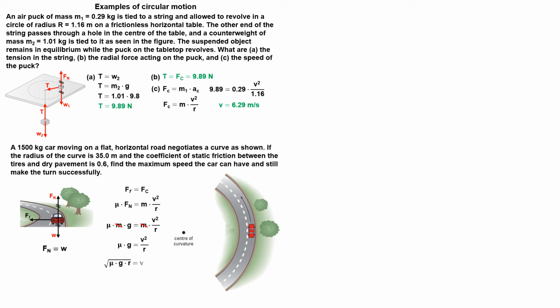This rearranges to give a maximum speed. The fastest that the car can round the curve is 14.4 meters per second, or approximately 52 kilometers per hour. If it attempts to go faster, the force of static friction will be insufficient to prevent skidding.